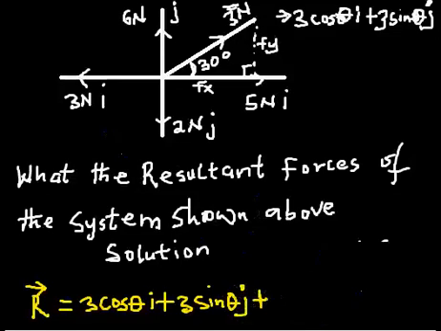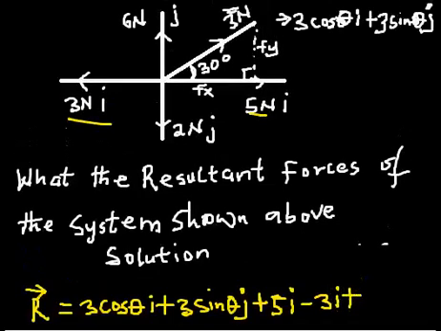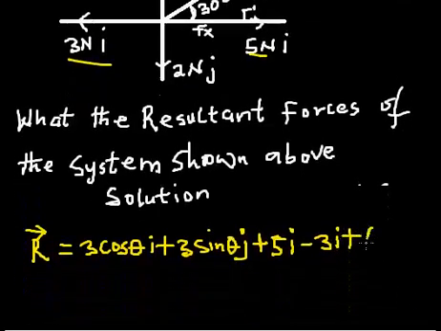Horizontally, I have this 5 Newton in the I direction, that is positive, 5I. And this is negative, negative 3I. Then plus positive 6J. Then negative 2I.